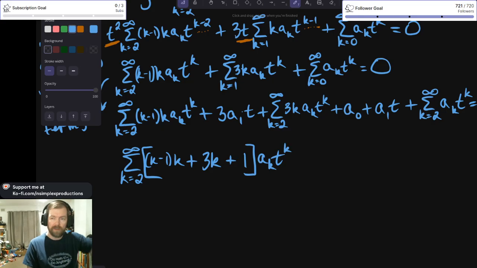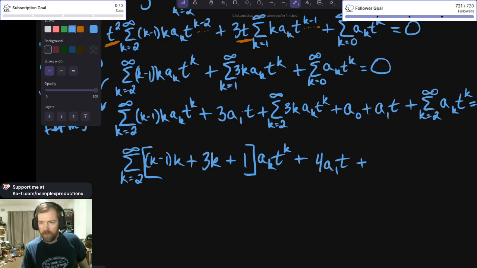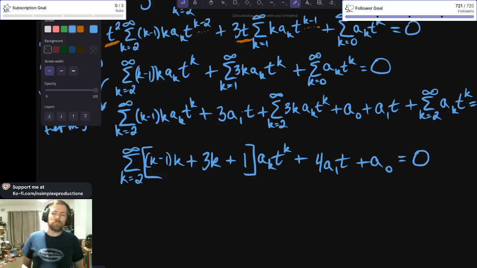Then we have the spare terms which dropped out. So we have a 3 plus 1 is going to be 4, a sub 1 t plus a sub 0 is equal to 0. Right, this is what the whole system has now become.